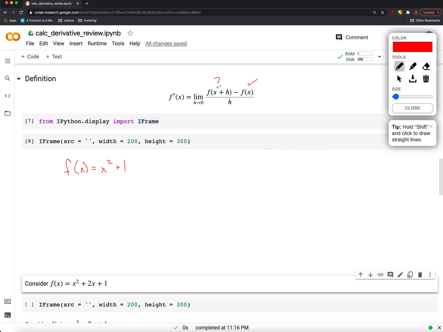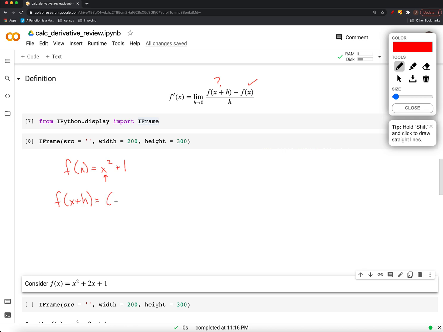Well, what about this? f of x plus h. I feel like this part of that expression is what trips up a lot of beginning calculus students. It's a little bit of an odd expression, but what it means is we have some function f, and instead of x, everywhere you see an x, we put an x plus h. So instead of x squared, we have x plus h squared.